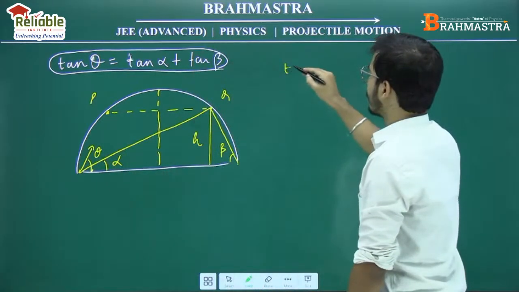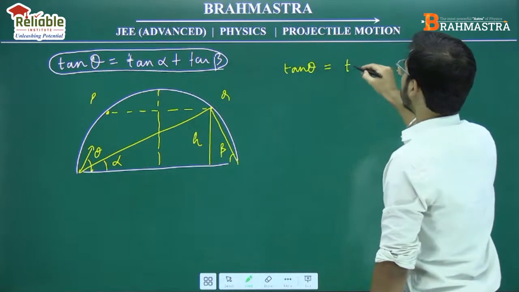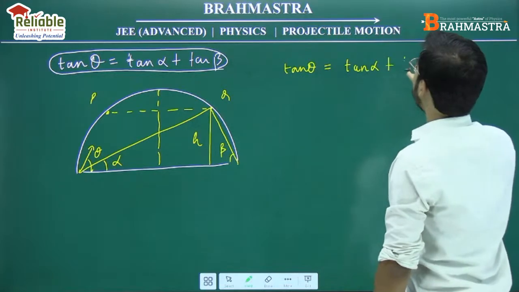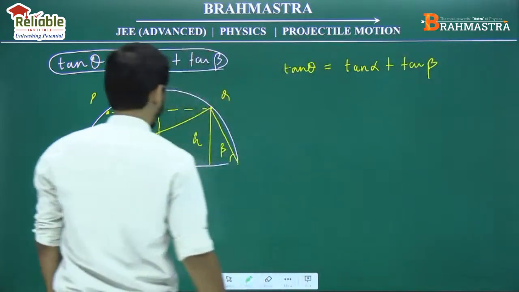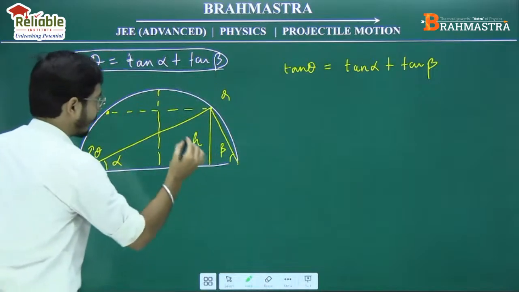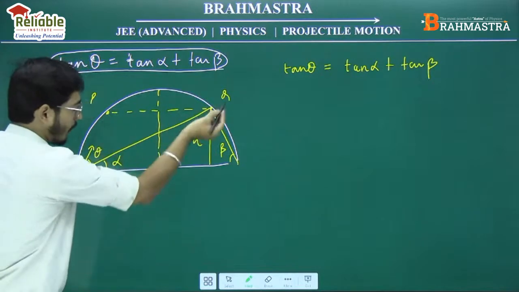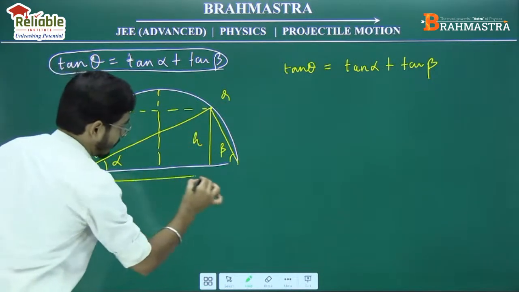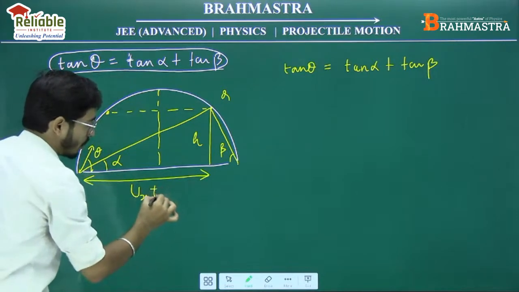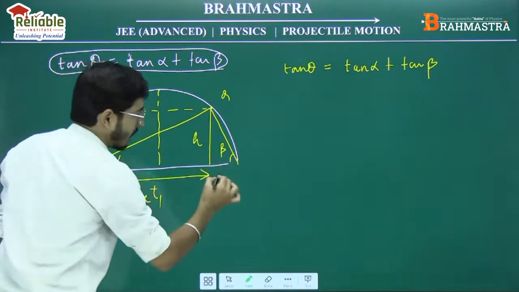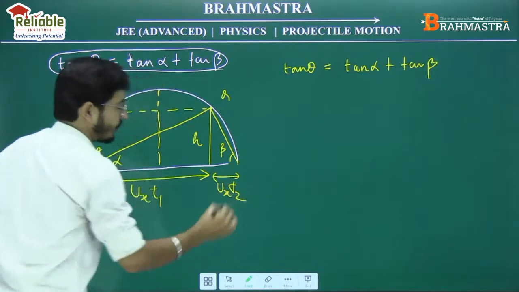So we know the projection angle, tan theta is going to be equal to tan alpha plus tan beta. Fine. So what is going to be the value of alpha? How much time is the projectile going to take to travel to point Q? This base we can directly write as ux into t1, and for beta we can directly write ux into t2.